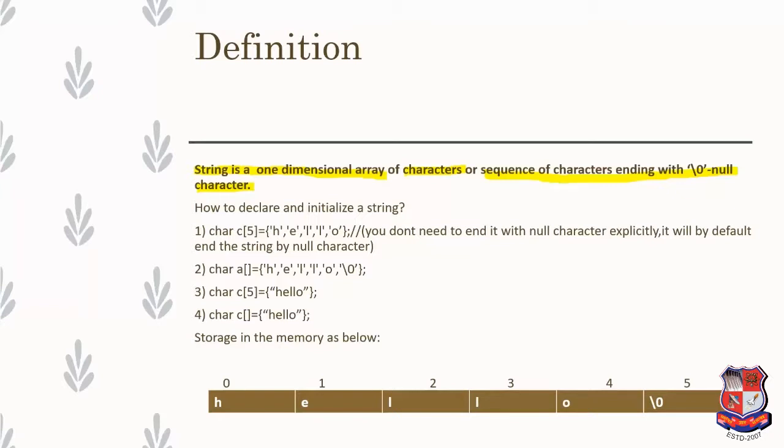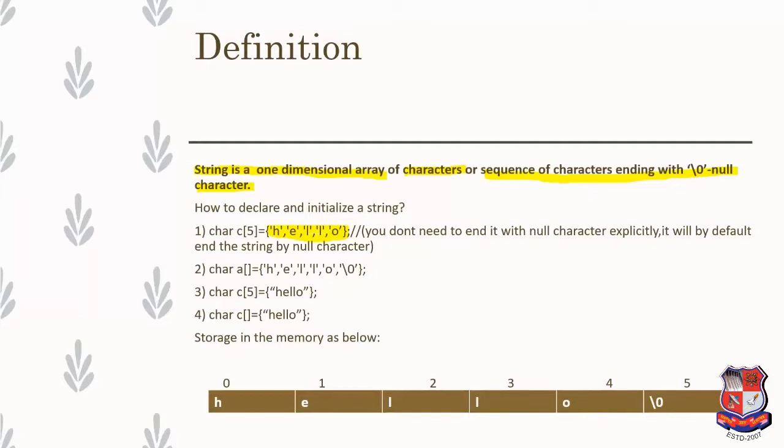So char c[5] is equal to, then in curly braces I have to mention all the letters individually. That is, hello is mentioned as H, E, L, L, O, and every letter here is mentioned in single inverted commas. You can see H, E, L, L and O, right?